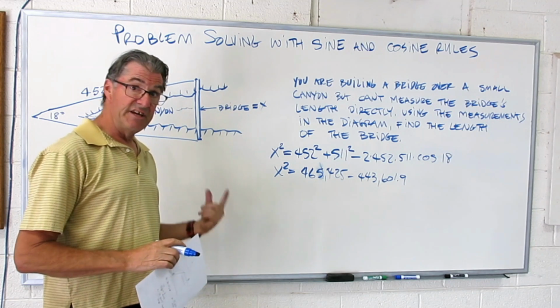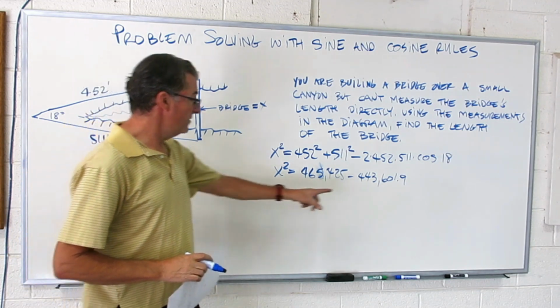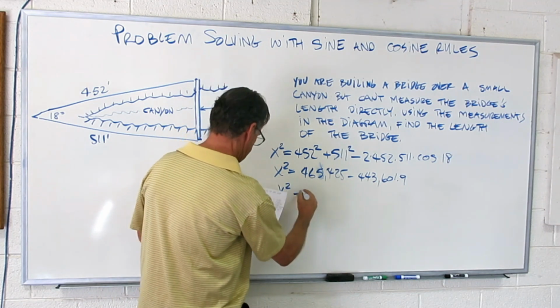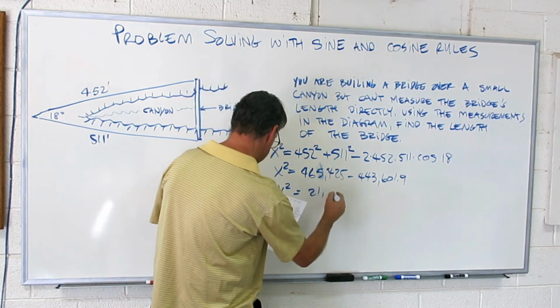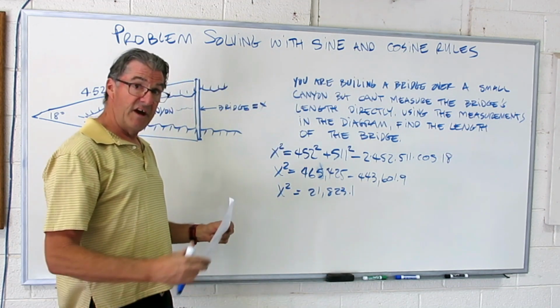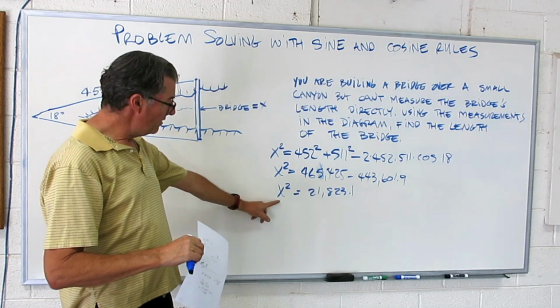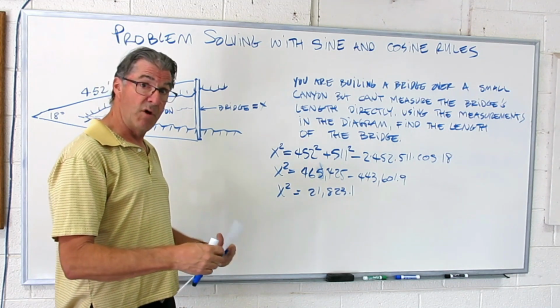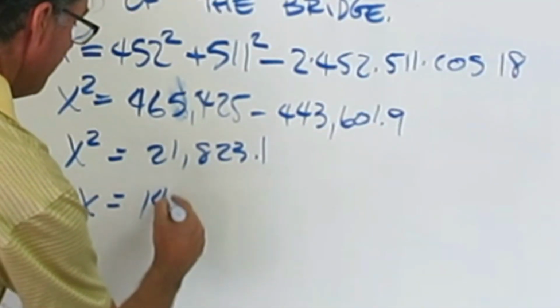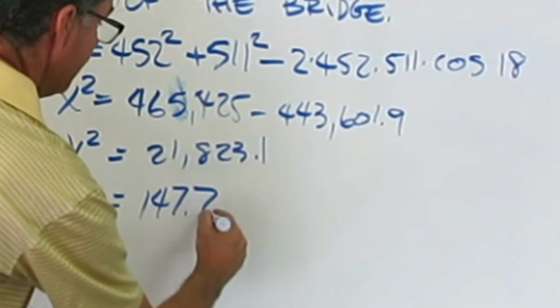So that's a nice intermediate step. Now I'm going to subtract this big number from that big number, and I get x squared is going to be 21,823.1. And then finally, to get x alone, right now it's squared, I need to take the square root of both sides, and I'm going to get x equals 147.7 feet.